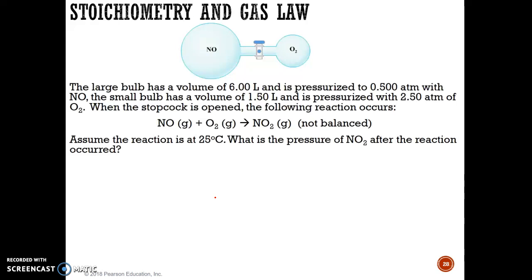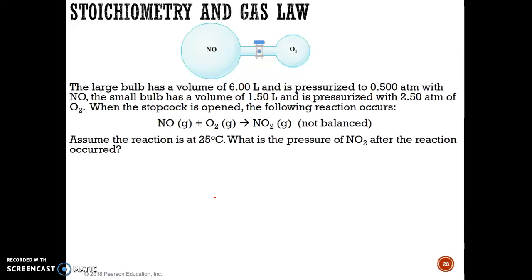But in this question, it's saying we have two gases. They are right now separated by what we call a stopcock. So that means the gases cannot interact. We have 6 liters with a pressure of 0.5 atmospheres of nitrogen monoxide.